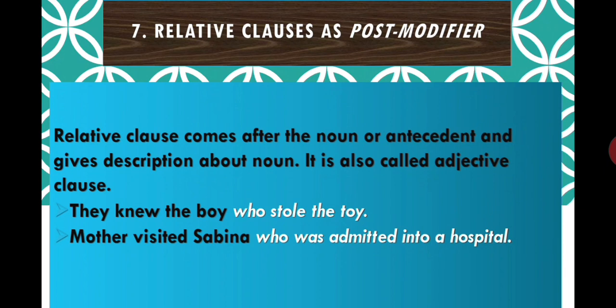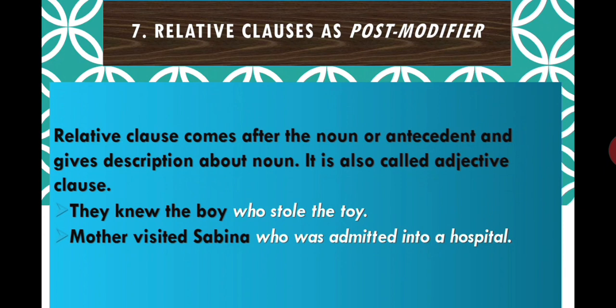In this sentence, who stole the toy is a relative clause and it gives description about the word boy. Boy is a noun. This relative clause comes after the noun boy. Hence, it is a post modifier.